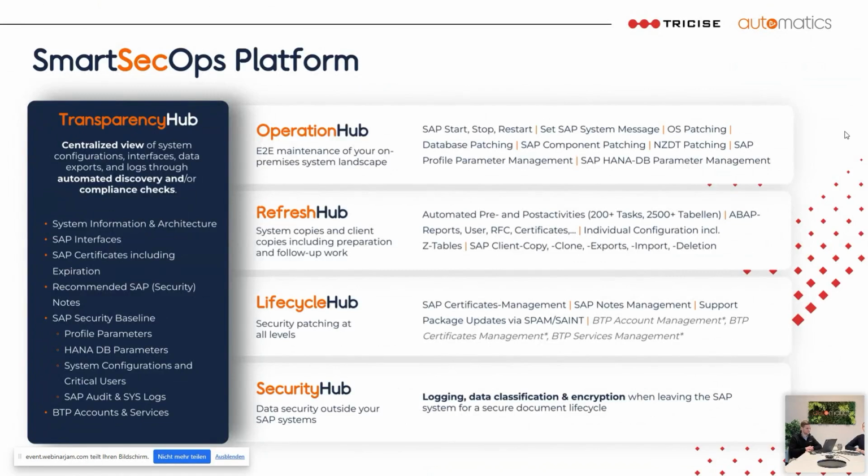This will be the focus for today. And for sure, as you can see, there are other hubs and activities which can be managed fully automatically with the integration to surrounding systems.